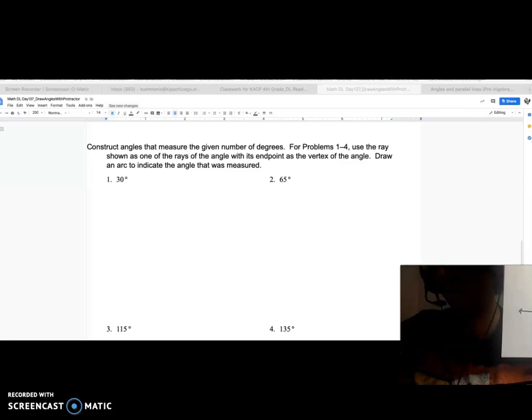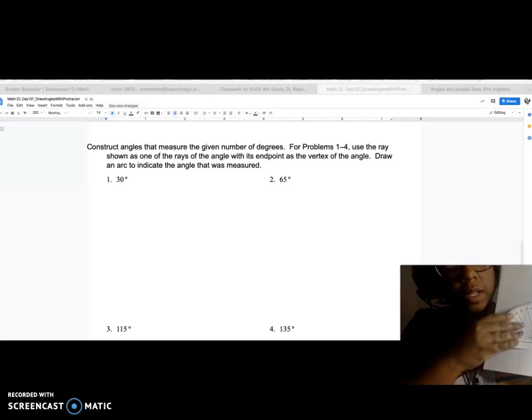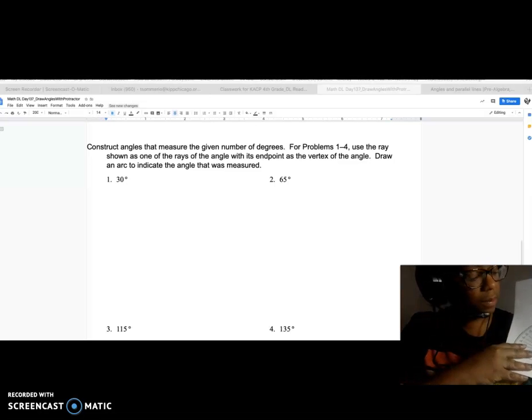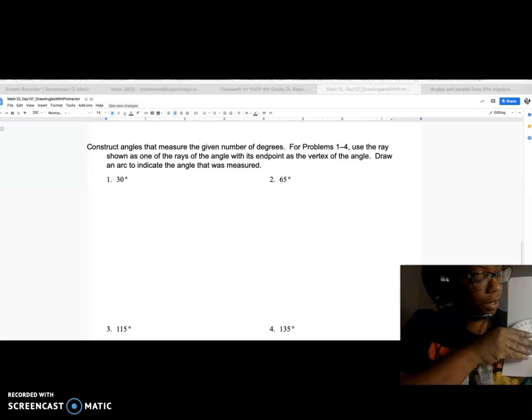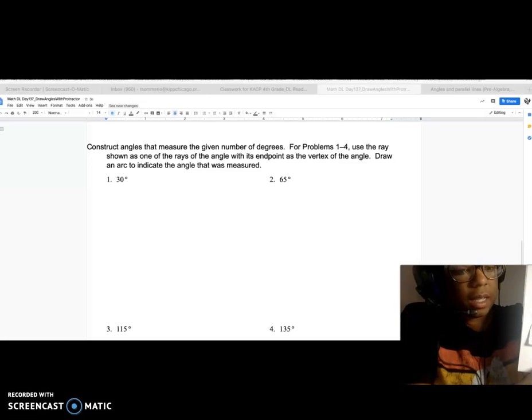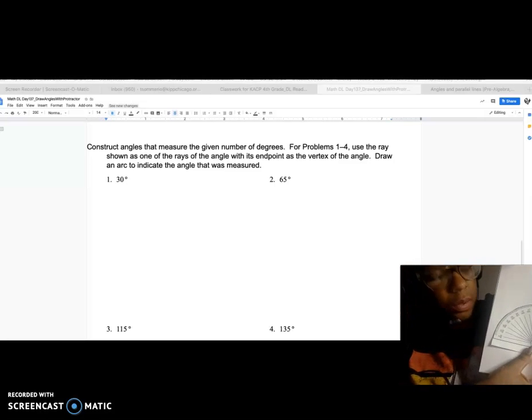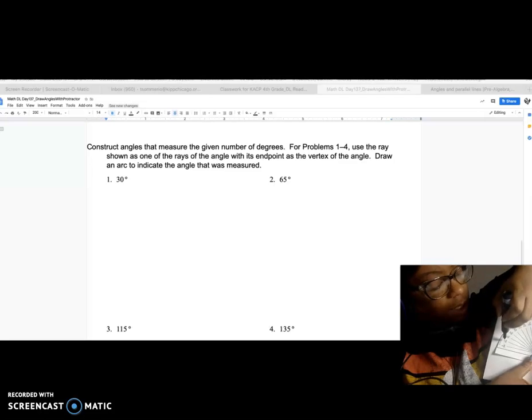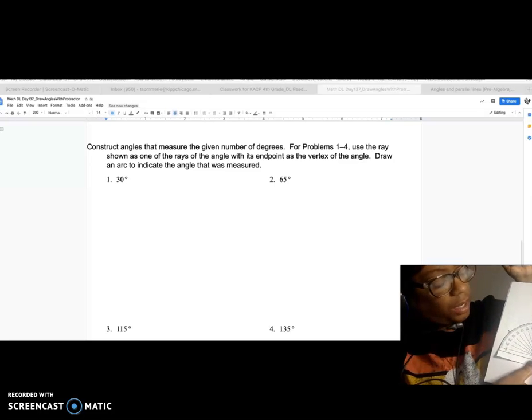So if I have my protractor down at my base and it's starting right here at the base, the way that I'm going to draw 30 degrees is I'm going to take the protractor and I'm going to count 10, 20, 30, and then I'll make a mark indicating that that's my 30.